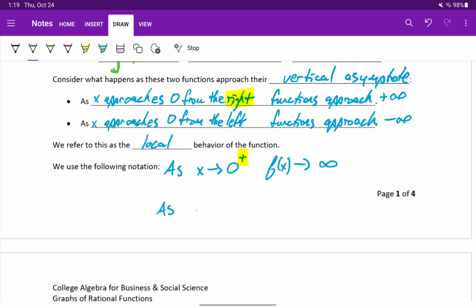And then similarly, we'll write that as x approaches 0 from the left, where we're writing a minus sign, sort of like an exponent attached to that 0, indicating that we're approaching that value from the left-hand side, then our function value f of x is approaching negative infinity.